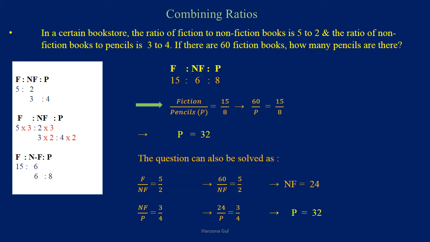And in equation form, we have non-fiction over pencils equal to 3/4. So if we replace the non-fiction by its number, we're going to get 24 over b, which is equal to 3/4, and we're going to get the same answer, that is 32.